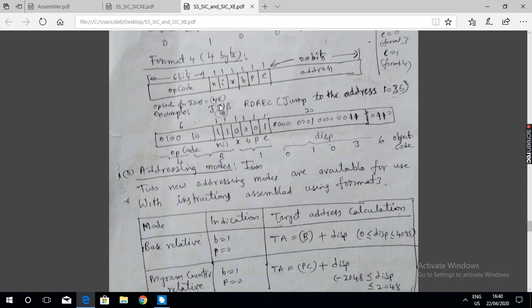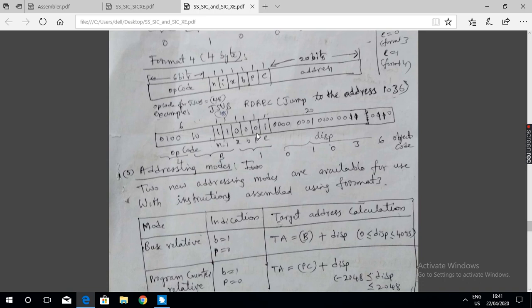JSUB, its equivalent opcode is 48. 4 means 0100, and 8 in 8421 code means 1000. Only 6 bits are reserved for storing the opcode, so only the first 2 bits, 10, are written here. E set to 1 means it's a format 4 instruction.